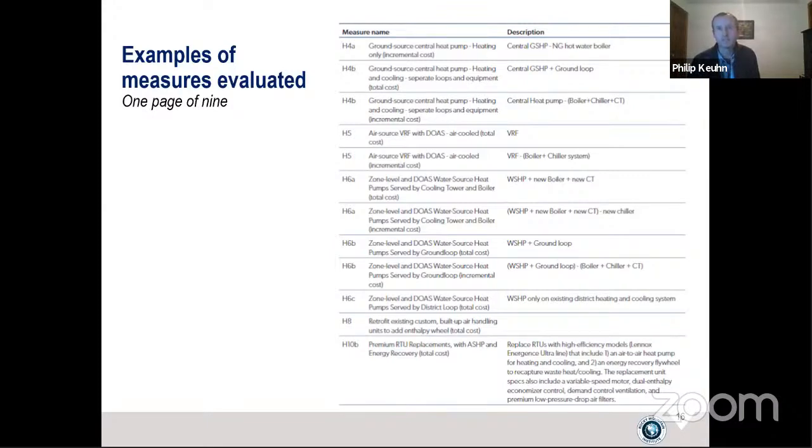So something like this will give you some examples of these system level interventions that we were looking at, such as a central heat pump tied to a ground source loop, water source heat pumps tied to dedicated outside air system, and a central boiler cooling tower combination, things like that. And then I think the next slide is similar.